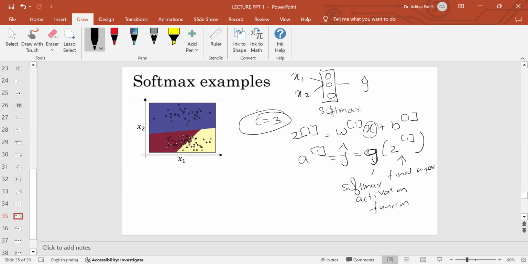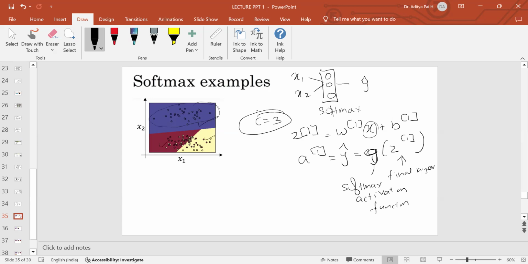So we can take the training set and train the softmax classifier with the three output nodes, that is C is equal to 3. We can see which one has the highest possibility, among this one, this one and this one.